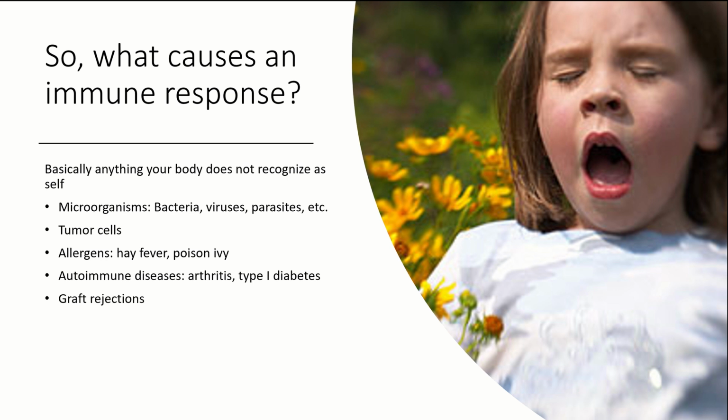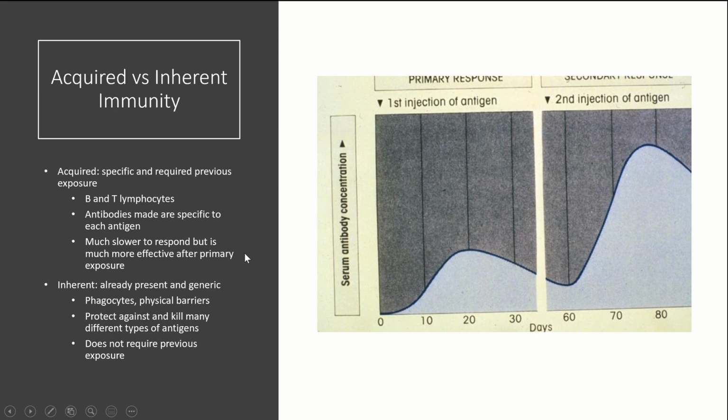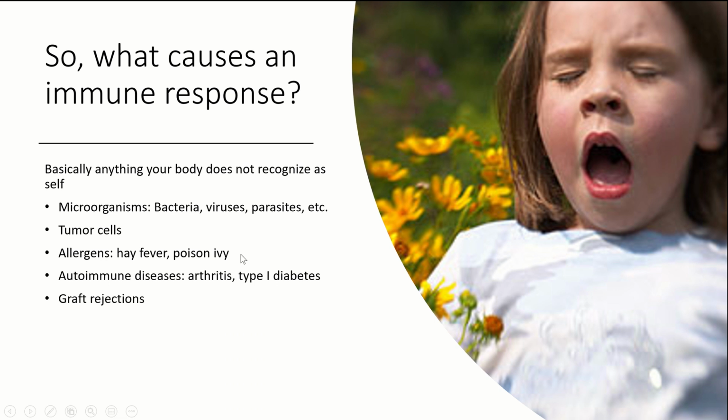Okay, so you breathe in pollen and your body says, hey, that's not a part of me, I don't like it, it tries to attack it. And if you keep getting exposed to that pollen over and over and over again, your body will create a really strong immune response. And the next time you see pollen, it'll be like, oh my gosh, here's that pollen again. We freaking hate that pollen. So we're going to attack it, and we're going to attack it hard. And so your body kind of overreacts. That's what allergies are, basically.